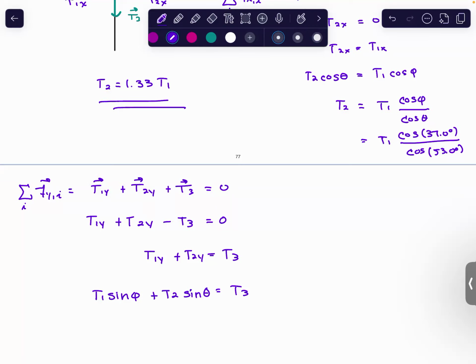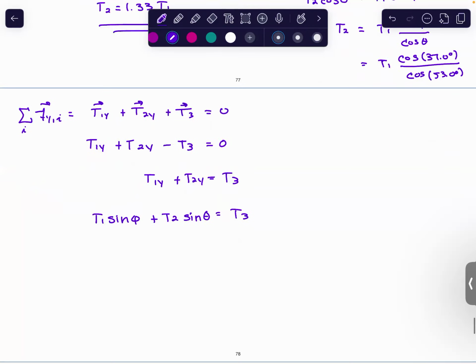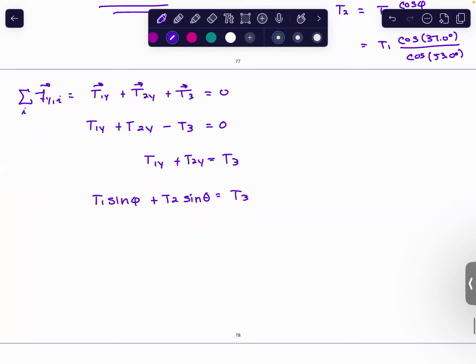All right, so let's substitute in. So we're gonna have T1 sine of phi plus 1.33 T1 sine of theta equals T3. Now the only variable in this equation is T1. It's the only thing we don't know.